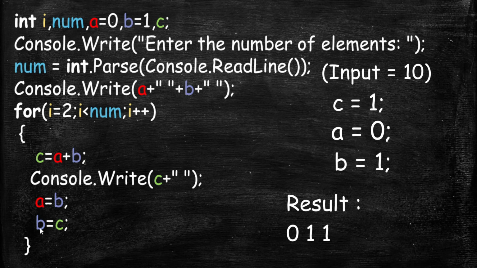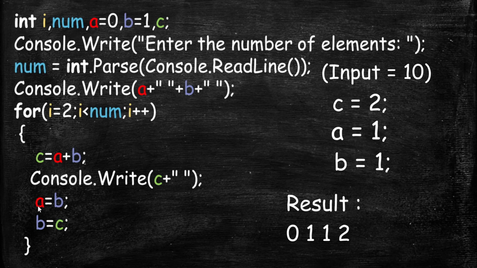If we put b is equal to c, then our b will become 1. And then this loop will run one more time. So now our a is equal to 1 and our b is also equal to 1. When this loop runs one more time, a plus b will be 1 plus 1. That gives us c, and then we will print c, which will make our result 0, 1, 1, 2.